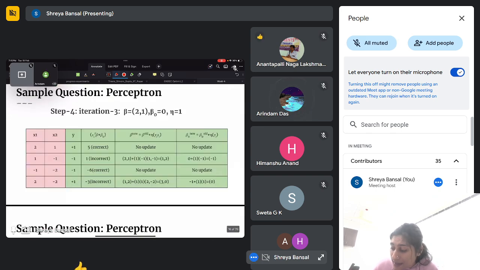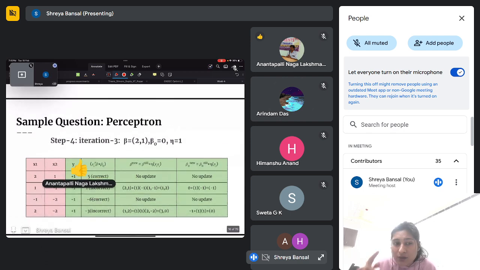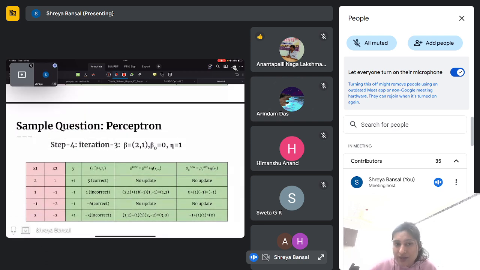Second thing, in the equation that we have used for the distance, we have used this summation sign. The iterations I have shown you are on one data point at a time. Another approach is to use the same data for all points, and for the incorrect points I take the summation, then I change the beta.